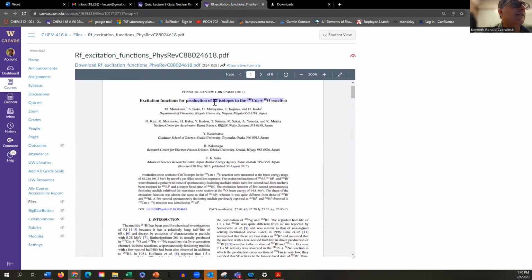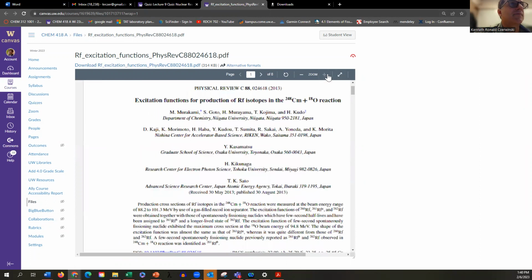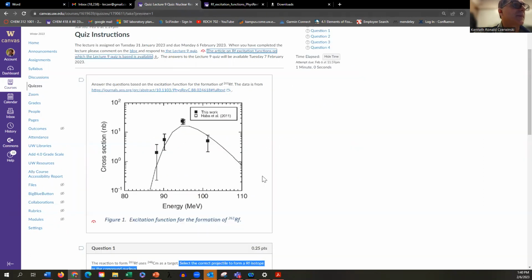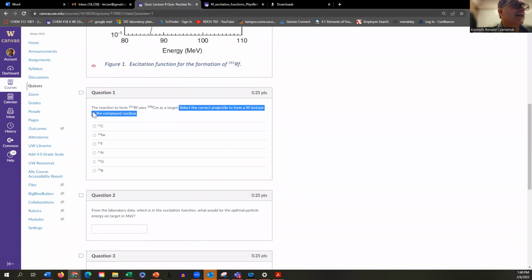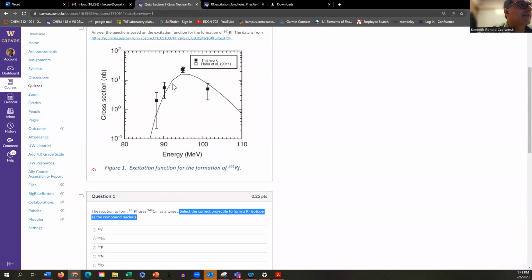The title of the article gives you what's used to make the rutherfordium isotope: curium-248 and this isotope of oxygen. So you can select that from here, from the laboratory data, which is the excitation function.